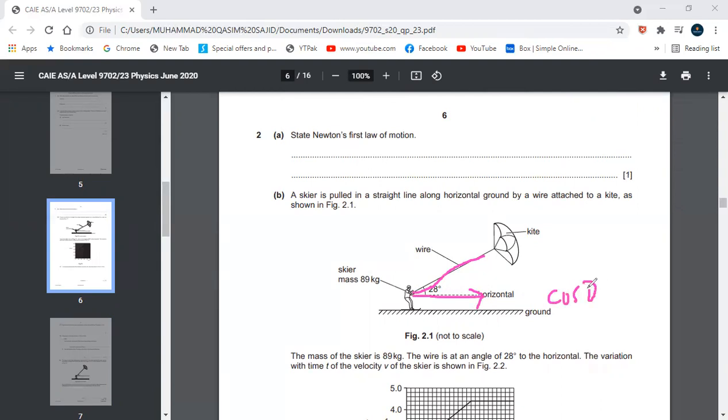The force given is 240, so 240 cos theta, where the angle given is 28. So the horizontal component equals 240 into cos 28 degrees. Is this clear?